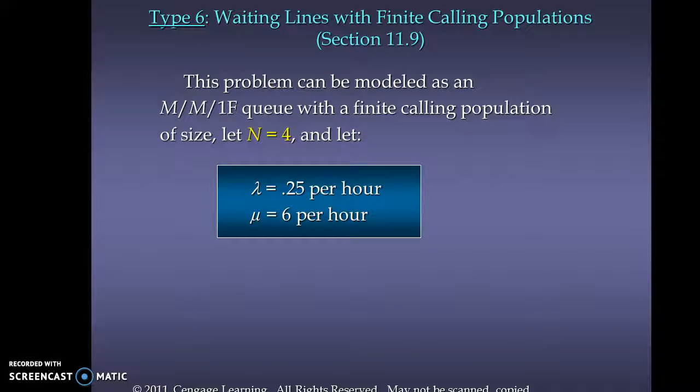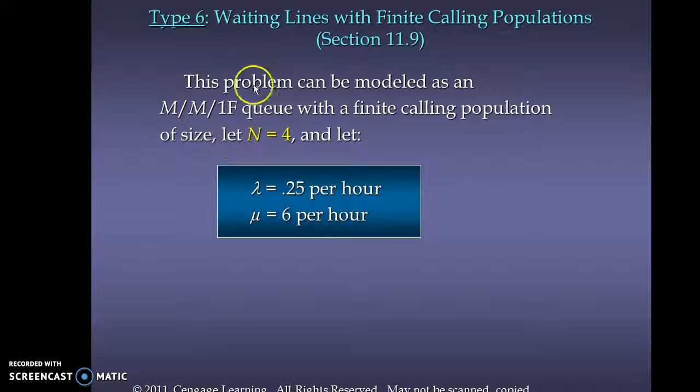All right, last type. Type 6, the last one. Waiting lines where we have a finite calling population. That is, we know that there are only a certain number of sources or persons or destinations that can come back and be part of the queue. We call this model MM1F.